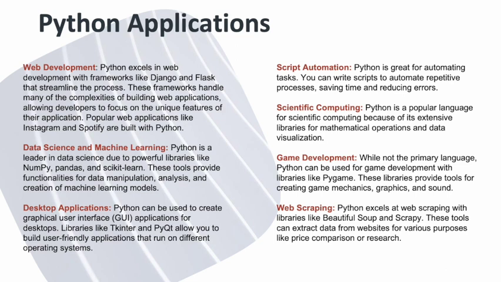Nowadays, Python is also widely used in scientific computing and game development. One of the advantages of Python is that you can just extend the frameworks, use the libraries, and develop the code like that.